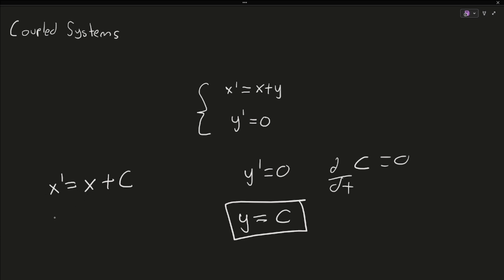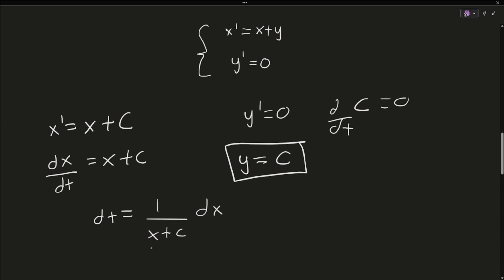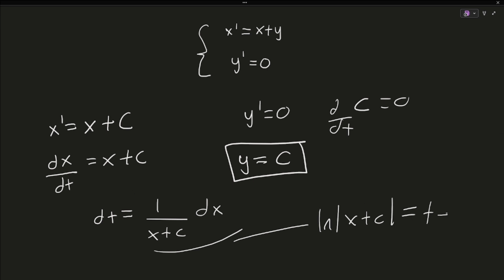And now we can use dx over dt, the separable method, to solve this differential equation. So we will have dt equals 1 over x plus c dx. All right. And now this will give you ln of x plus c equal to t plus c.